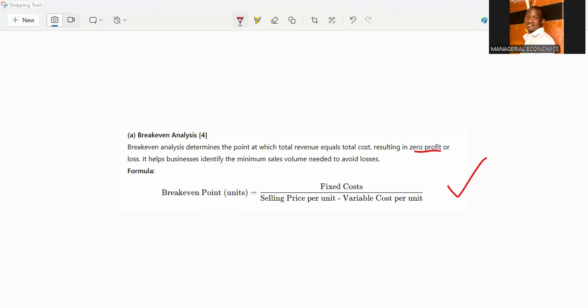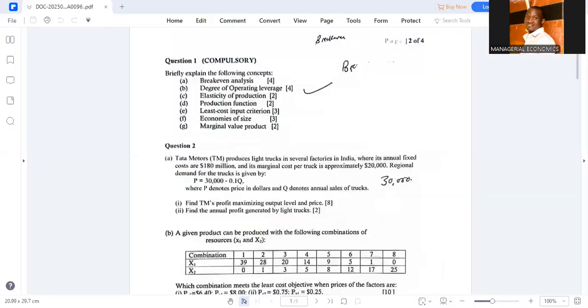The next is operating leverage, degree of operating leverage. What is the degree of operating leverage, or DOL? DOL is simply a measure of risk. It measures the change in sales that affects our operating income.